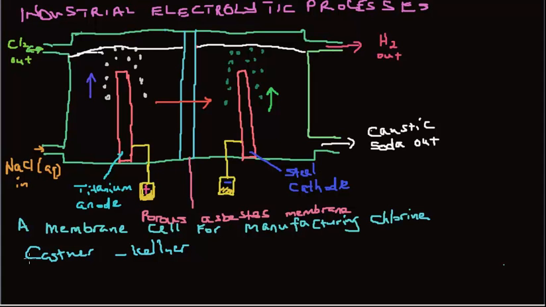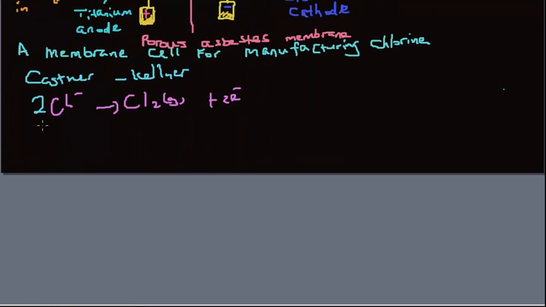So our anode reaction: our chloride ions themselves are being oxidized to chlorine gas by losing 2 electrons. So that is what we see from our chemical reaction.